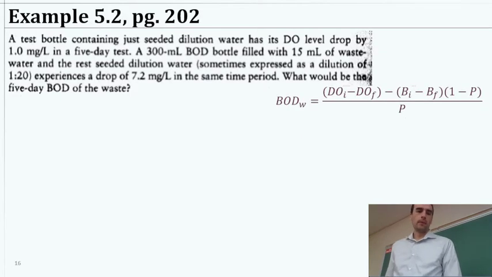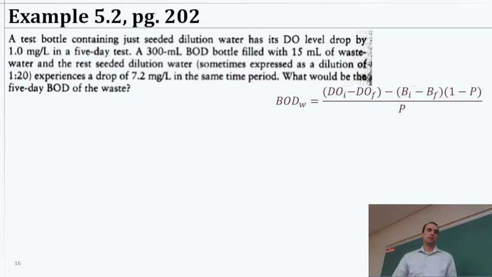So let's use it. Here we have a test bottle containing seeded dilution water that has its DO level drop by 1 milligram per liter in a 5-day test. And separately, a 300 milliliter BOD bottle filled with 15 milliliters of wastewater, with the rest seeded dilution water, and you can express that as a 1 to 20 dilution.